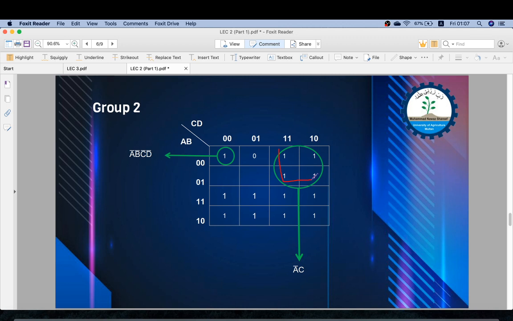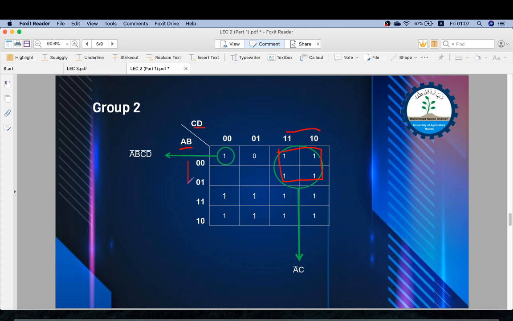Now the second group is this quarter. We take this group of 4. How do we write the equation for this? When grouping, we need to take the common ones, the common A, B and C, D values. The C, Ds are 1, 1 and 1, 0.